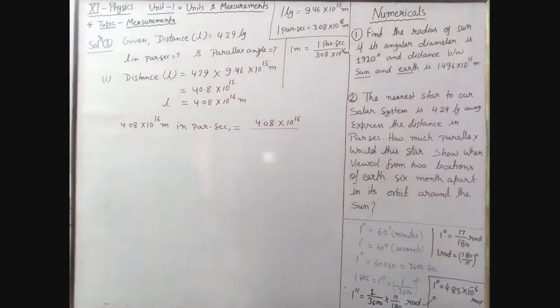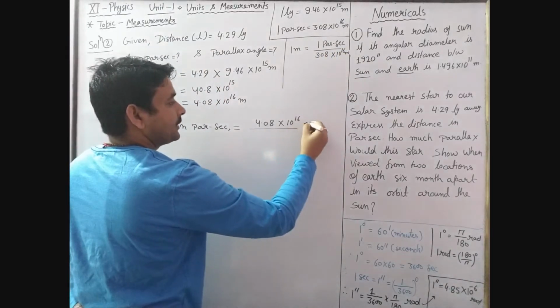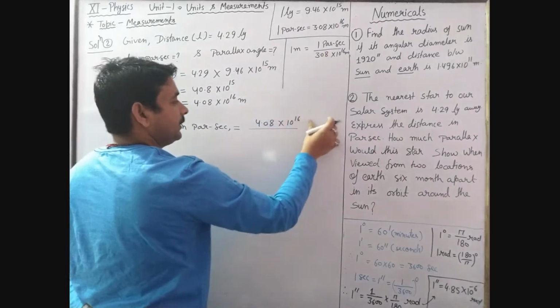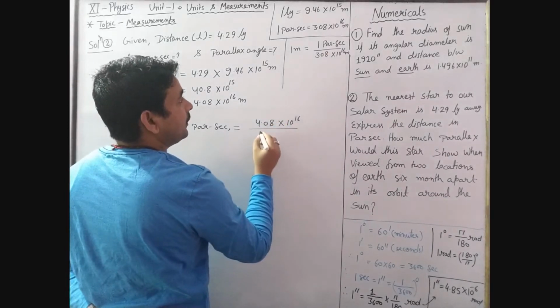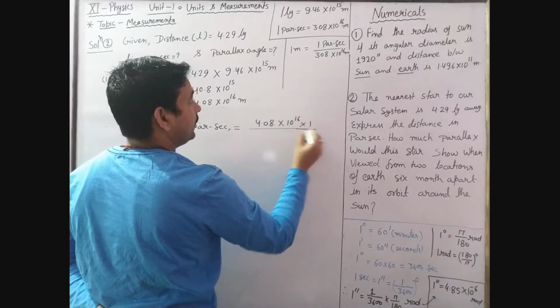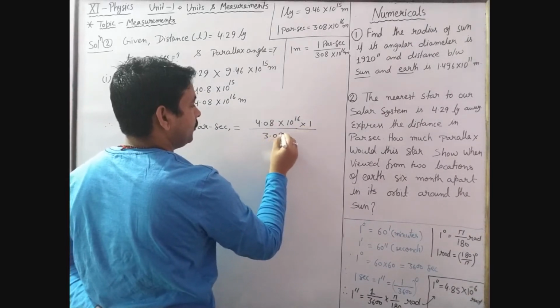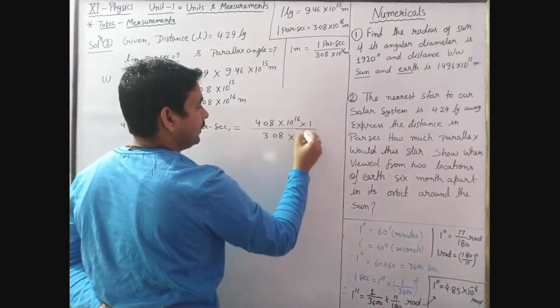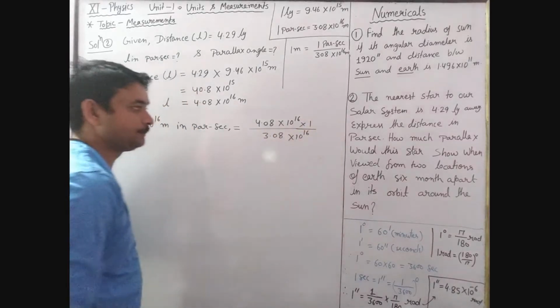So in place of meter we are using this result, that means 1 upon 3.08 into 10 to the power 16.